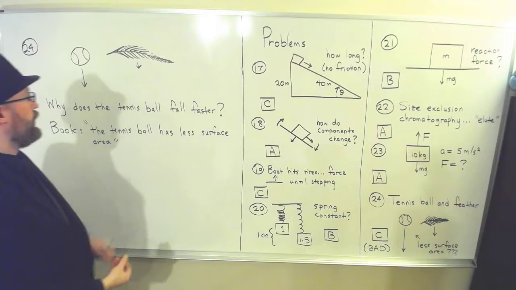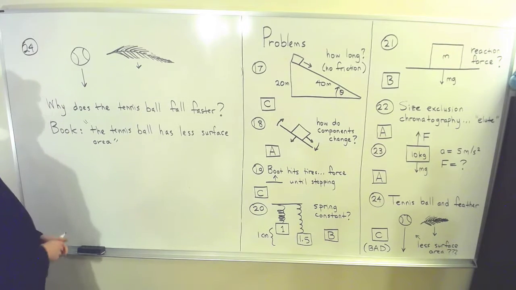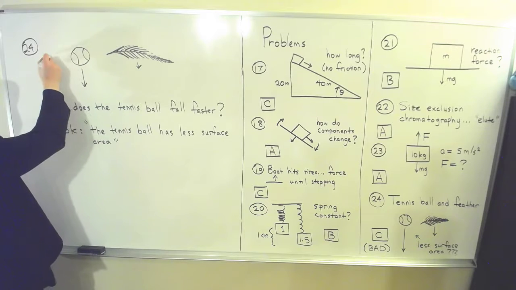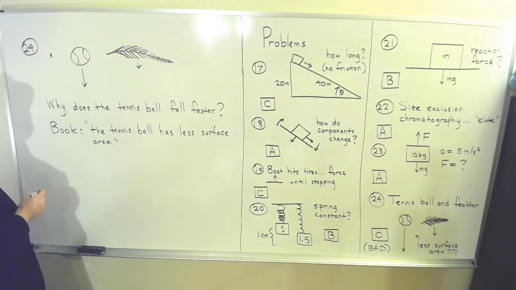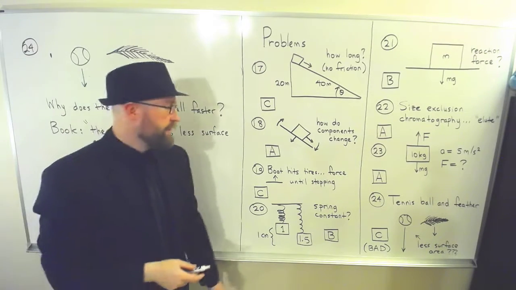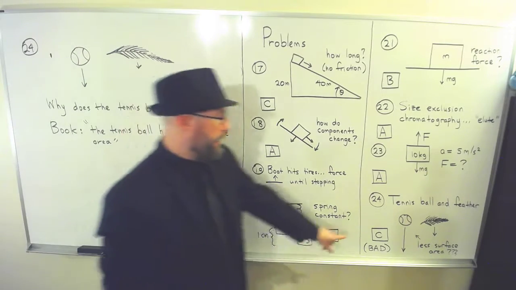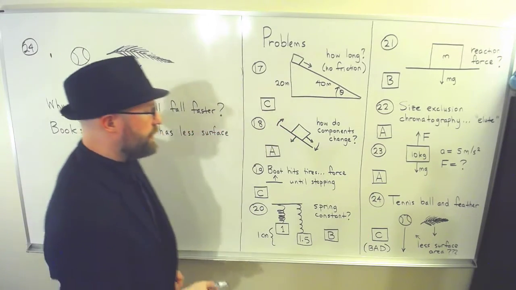So this would be a terrible explanation in that case. Furthermore, to make it even worse, if I take a little bullet, that obviously has much less surface area than the tennis ball, yet it will accelerate downward faster. So this is just a bad answer choice.